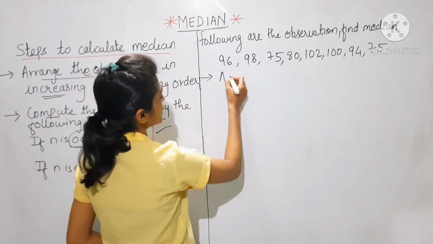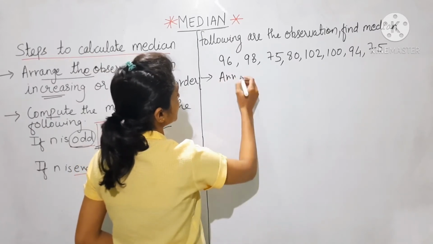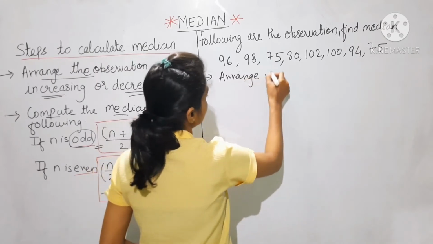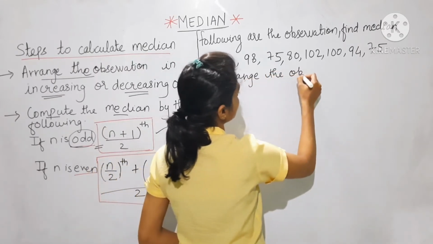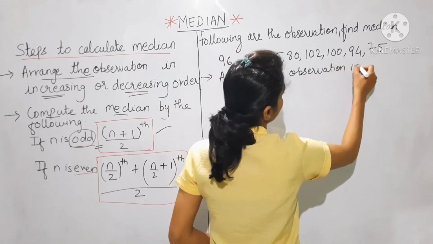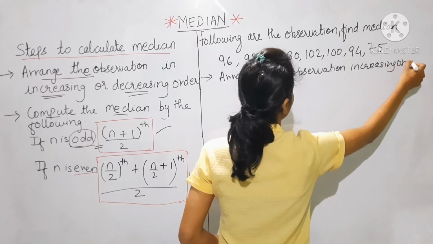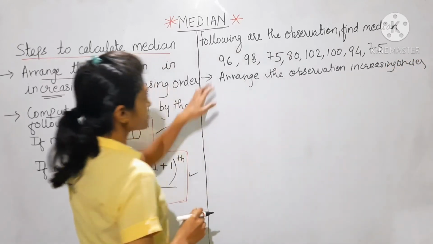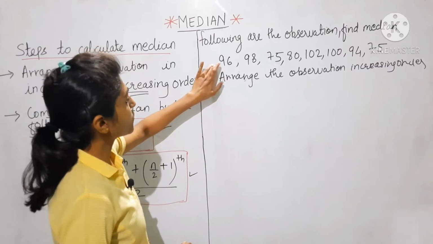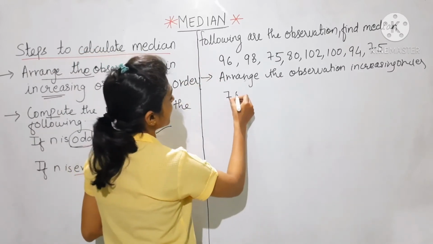First step, I will arrange the observations in increasing order. So observe these observations: which is the smallest number? 75.